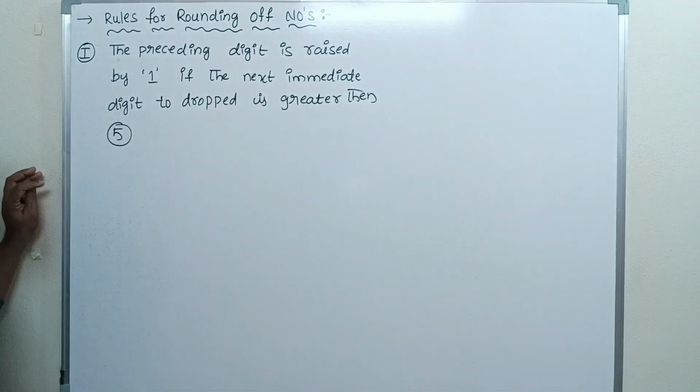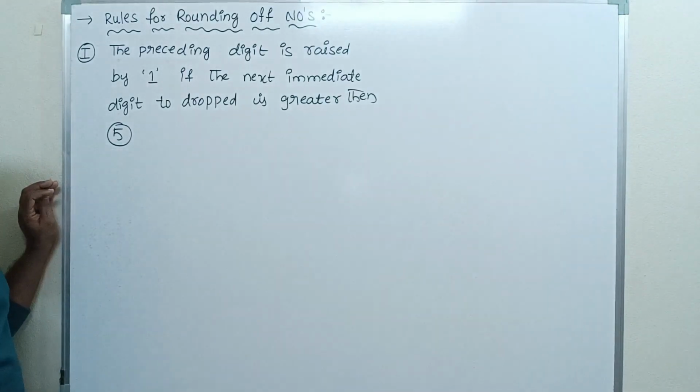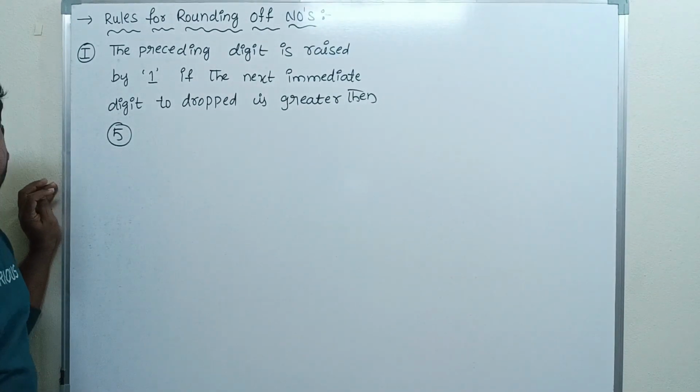Are you getting it? So what is the first rule for rounding of numbers?